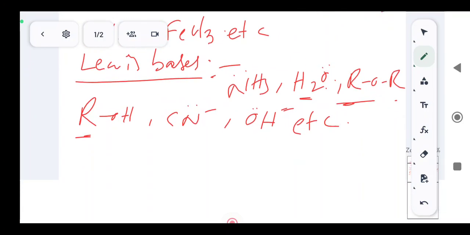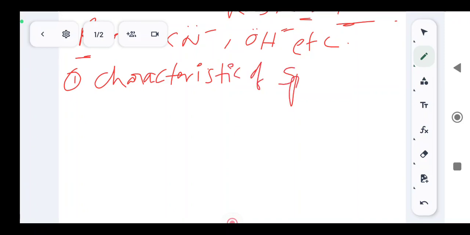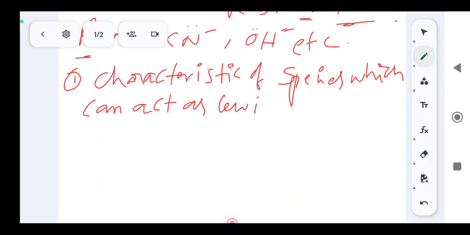Next, characteristics of species which can act as Lewis acid.